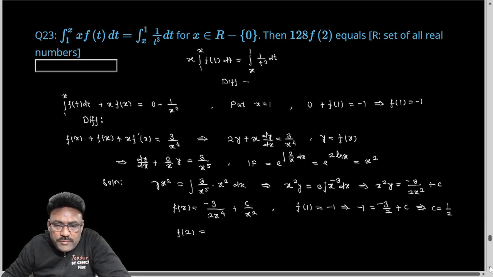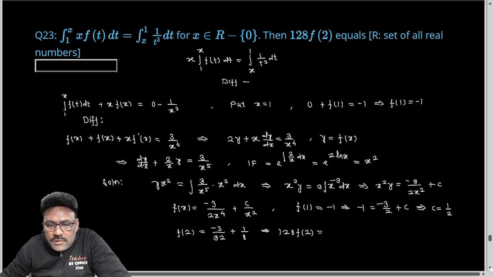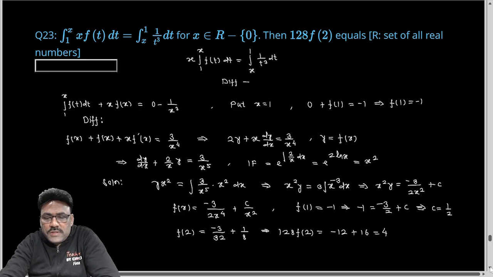So f(2) will be minus 3 by 32, and c is half, so plus 1 by 8. This is f(2). If I multiply it with 128, so 128 f(2) is what? 32 into 4, 128, so minus 12 plus 16. So it should be 4. 4 should be the correct answer here, right?